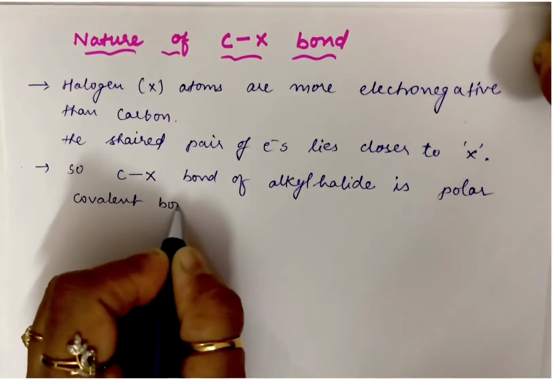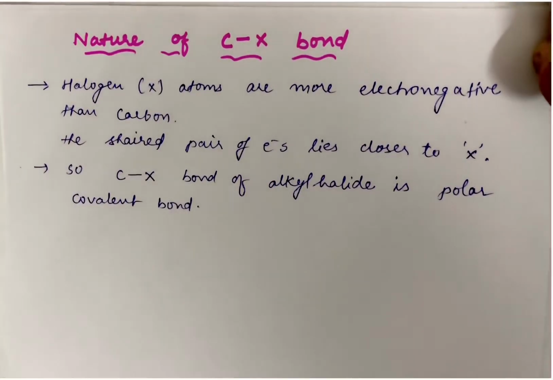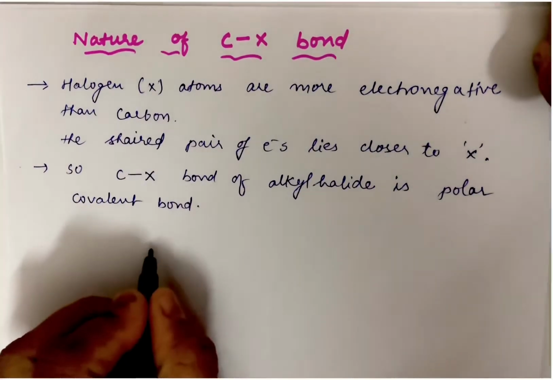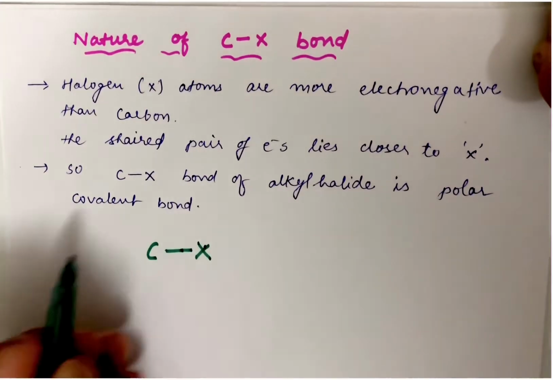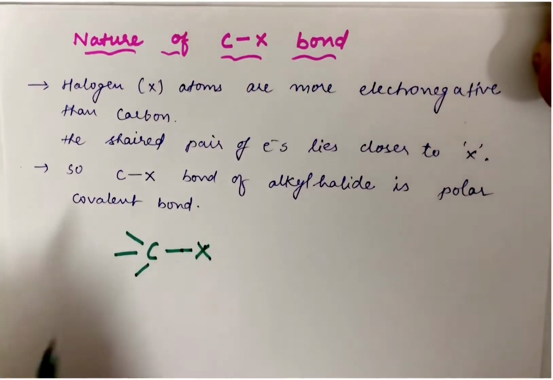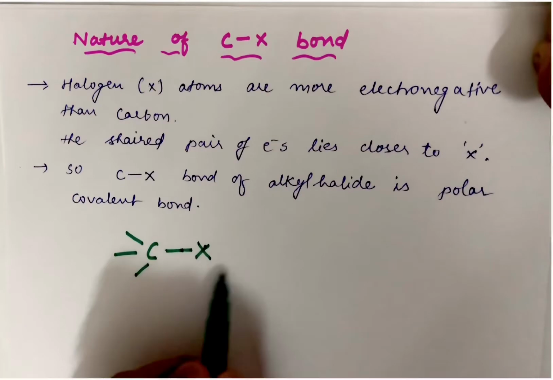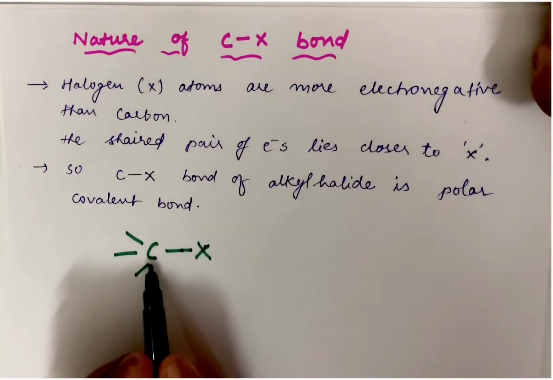Fine. Now let me give you an understanding of the same with the figure. See, I discussed CX bond. Now this is present in your alkyl halides. Now I told you that this particular X is more electronegative than carbon.